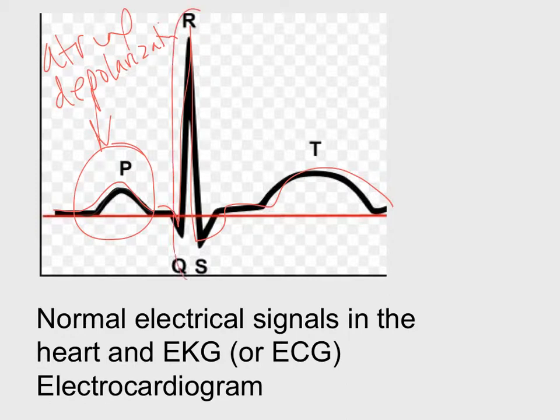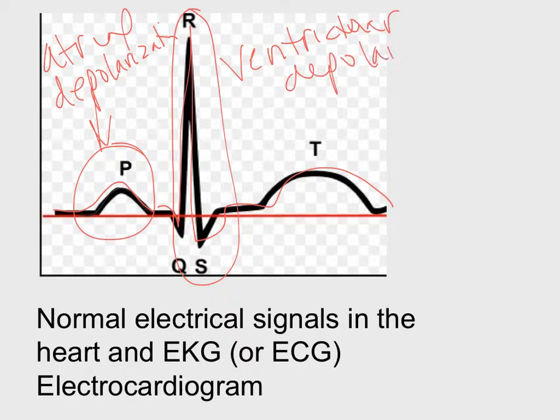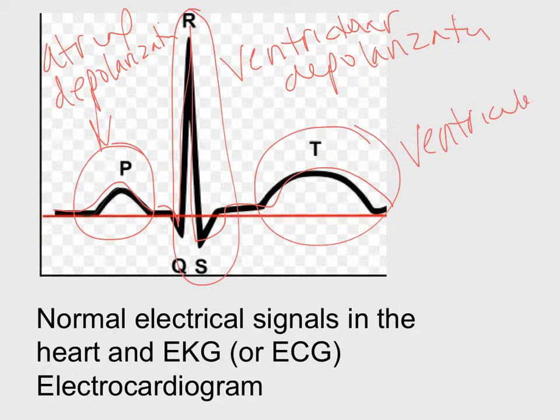This big QRS complex is the signal for ventricular depolarization. This is the signal that goes to the ventricles to contract. And then the T wave is ventricular repolarization. This is the electrical signal as it kind of resets itself.